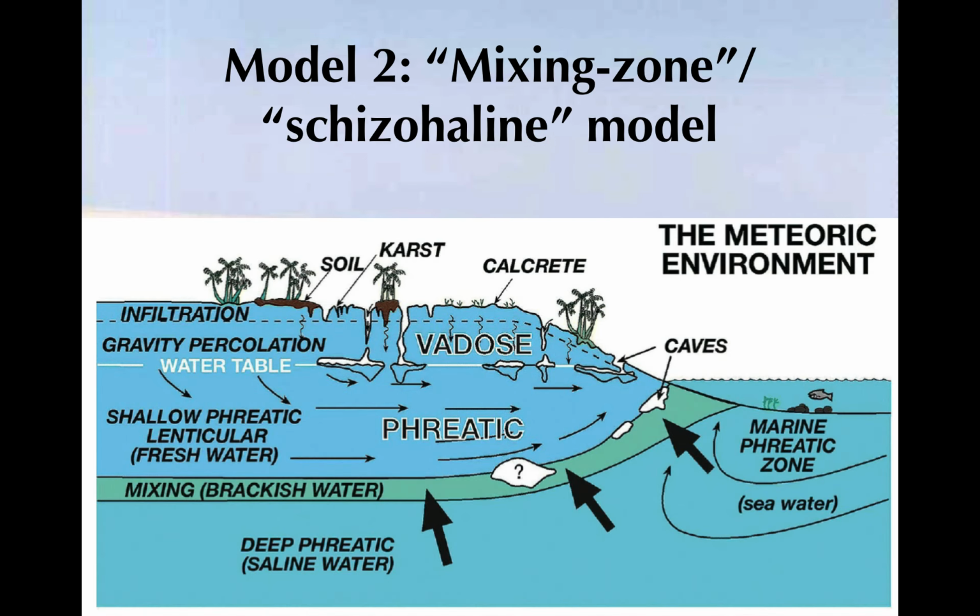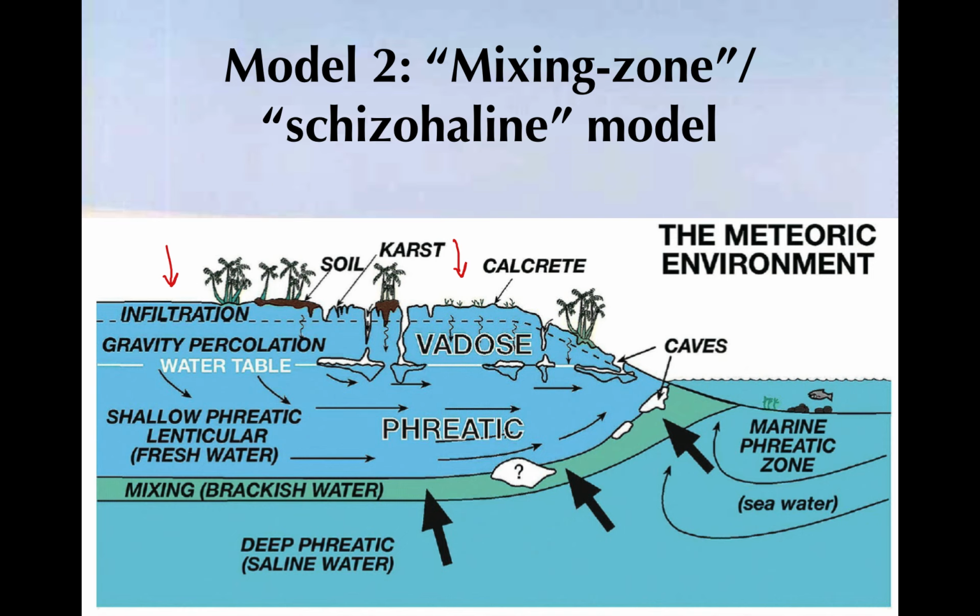Another model involves decreasing salinity, and this is an appropriate model perhaps in less arid environments, and recent dolomite is known to occur in places like the Bahamas that you wouldn't necessarily consider to be a desert. In this model, you have fresh water, meteoric water, rainwater, that is falling on some landmass above sea level.